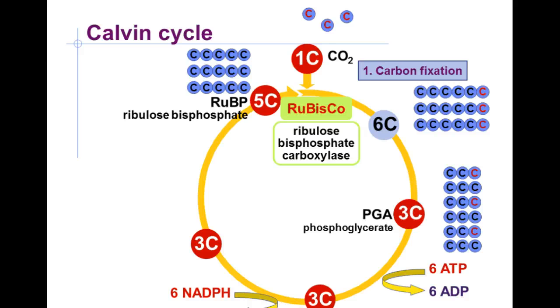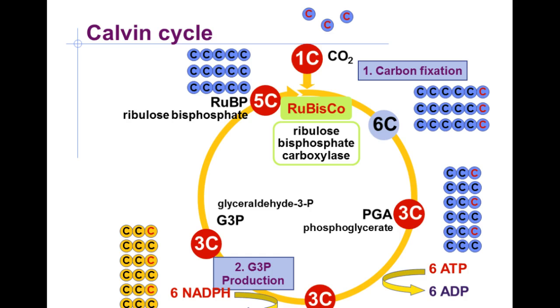Add to your notes that this molecule is also referred to as G3P, not 3PG, it's G3P, glyceraldehyde 3-phosphate. So there it is. Now, it's also referred to as PGAL, PGAL.